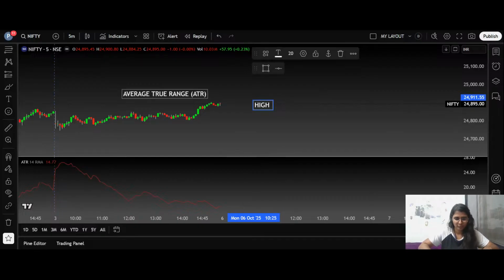So I'll write here: high ATR equals high volatile. Low ATR equals low volatile.